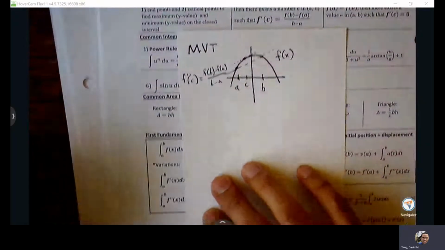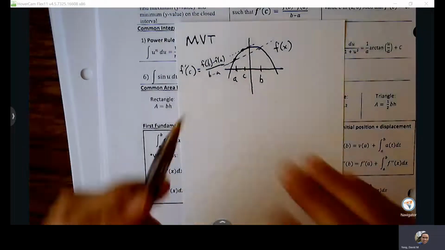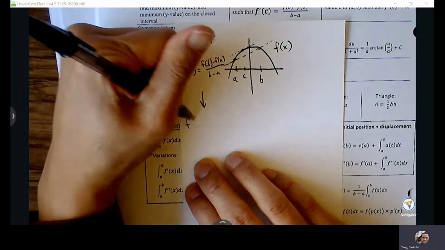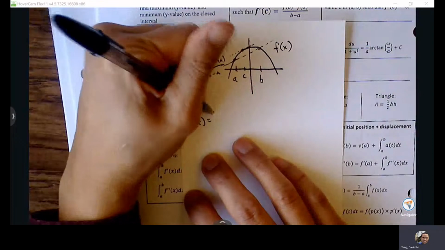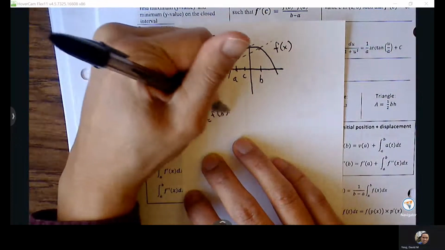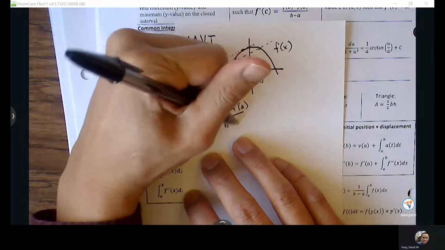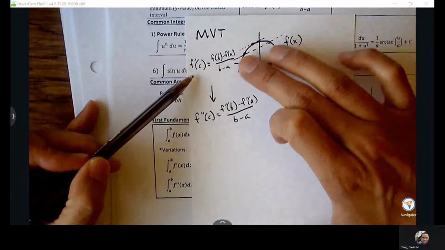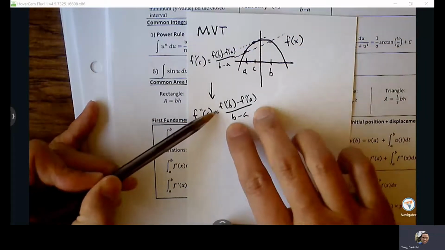Now, we can also take mean value theorem and adapt it for other derivatives. So in other words, if I want to guarantee a second derivative value, I can find the slope between the first derivative values. So you see how I'm basically doing mean value theorem, but I'm just pushing all the functions down one level, but it still works, right?